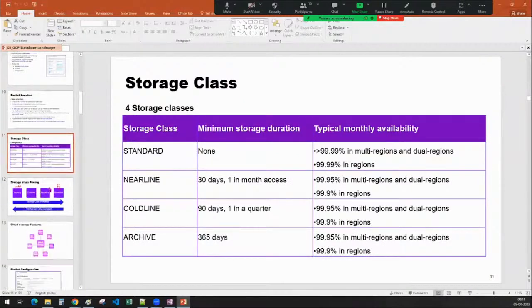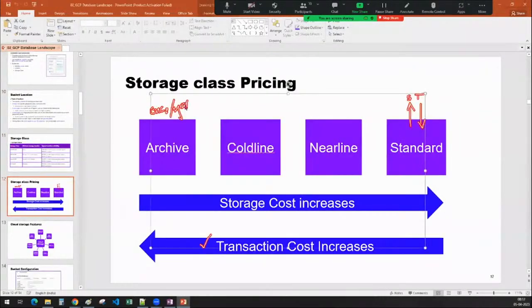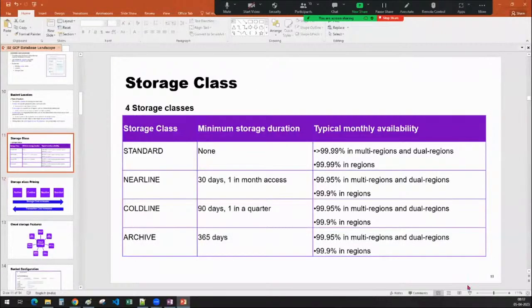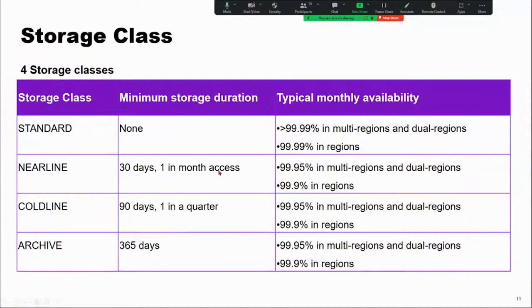Okay, yeah. Last time when I was explaining, this is the thing. These are the 4 storage classes, guys: standard, nearline, coldline, and archive.